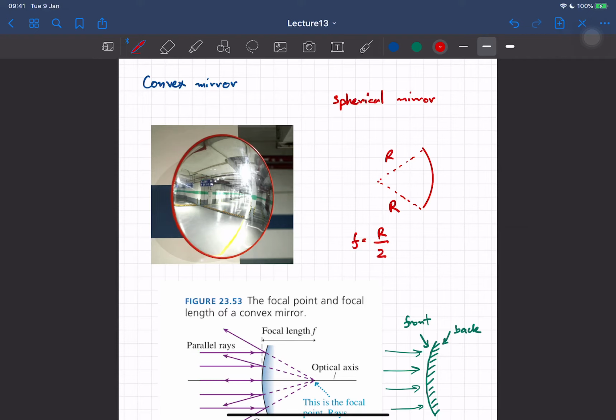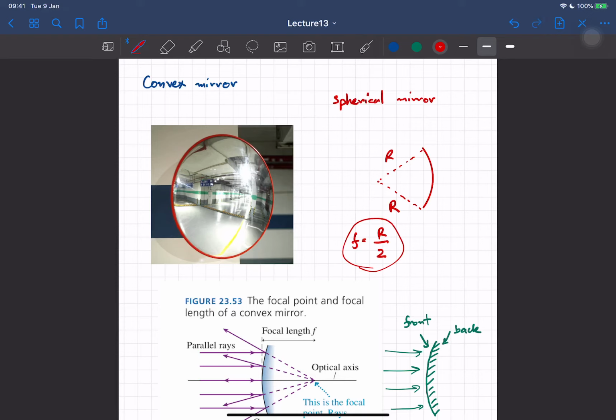So if you start with a sphere of radius equal to 20 centimeters, the focal length of your curved mirror after you cut out all the unwanted part is going to be half of that. So 20 divided by 2 is going to be 10. Whether it's positive 10 or negative 10 depends on whether you talk about convex or concave mirrors, but we're going to revisit this soon.